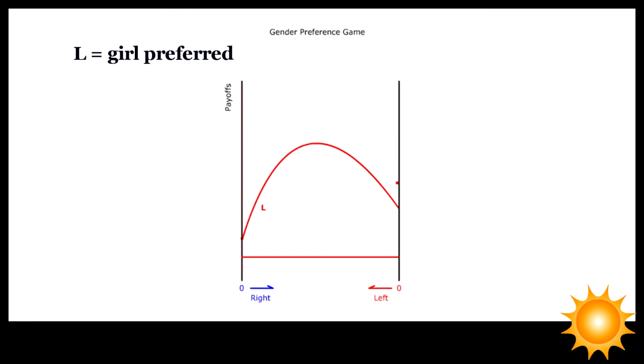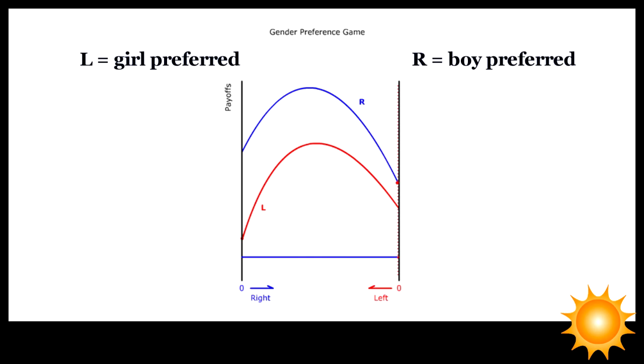But if there is a universal preference for R, say boys, the payoff for R will dominate the payoff for L. If parents can freely choose the gender of their babies, all babies will be boys, since having girls is everywhere inferior to having boys.